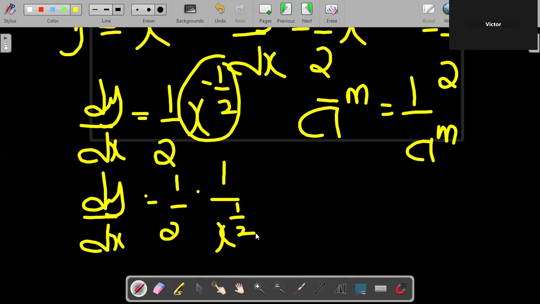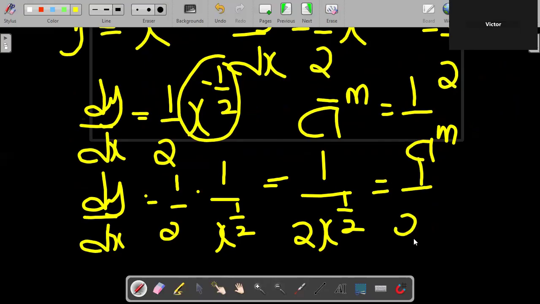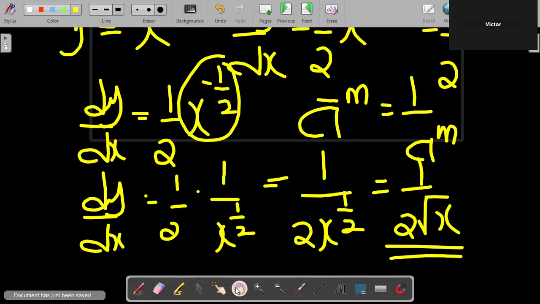See that? Up to up, down to down, what we multiply will give me 1. Here is now 2x raised to the power half. Half is square root, we said earlier. So our answer is now 1 over 2 root x. This is now the value for our dy/dx. Any question?